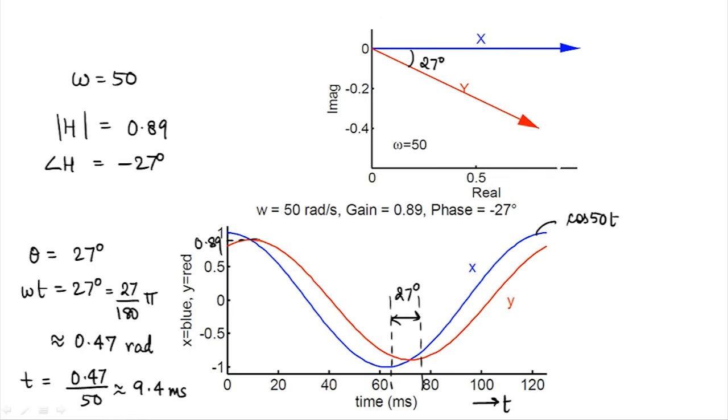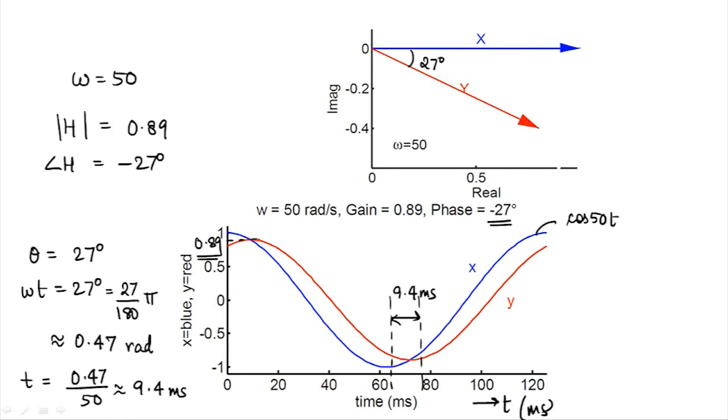So in time, this is approximately equal to 9.4 milliseconds. That's how we can see why the output is reduced in amplitude by a factor of 0.89, and it is shifted in phase by an angle of 27 degrees with respect to the input.